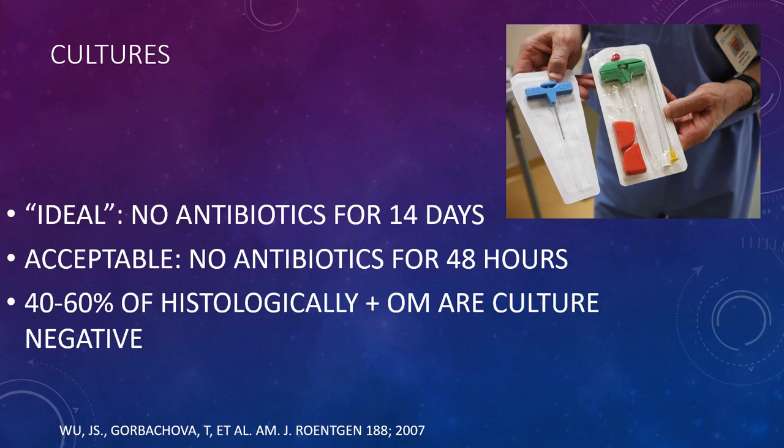An acceptable restraint in antibiotic administration would be 48 hours. Obviously, if a patient is septic, if they're hemodynamically unstable, if you have positive blood cultures, then it's going to be a bit more difficult, if not impossible, to withhold antibiotics. But in an ideal world, we want to go ahead and withhold antibiotics at least 48 hours.